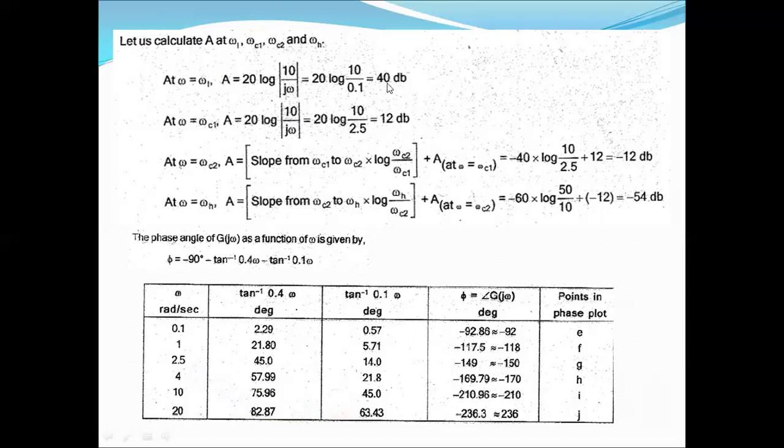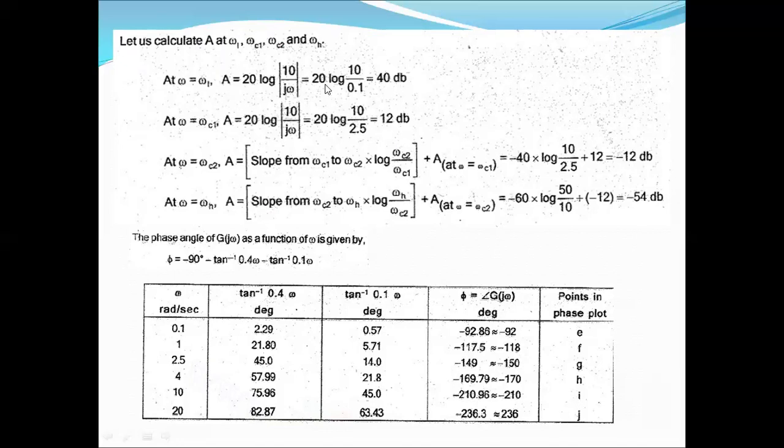Okay. So if you find the difference between these two, 40 minus 12, it will be a negative slope because it is a pole term. So the difference is 28.